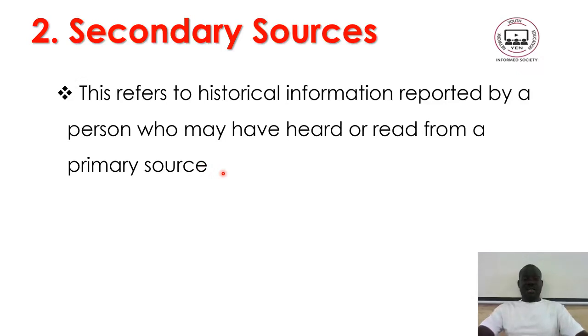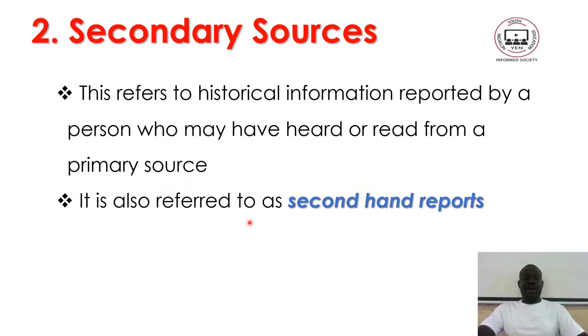Those who write them sometimes use the primary sources of history or books that were written by the eyewitnesses of events. So with that, the books become the secondary source. So it is also referred to as second-hand reports.